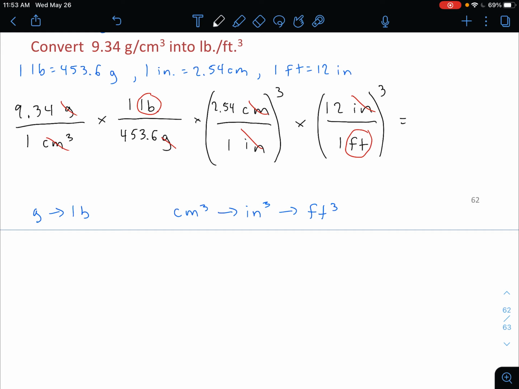Okay, 9.34 divided by 453.6 times 2.54 cubed times 12 cubed. This gives me 583.067, etc. So I can report it with 3 significant figures to match the original value. It'll be 583 pounds per foot cubed, which is a density unit, but not one that we're typically going to use.